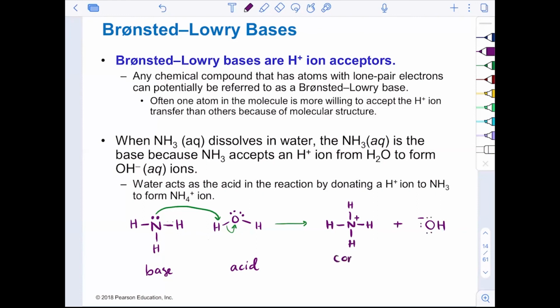We again have the base becoming a conjugate acid after it picks up the proton, and the acid becoming the conjugate base once it donates the proton. Water can act like both an acid and a base.